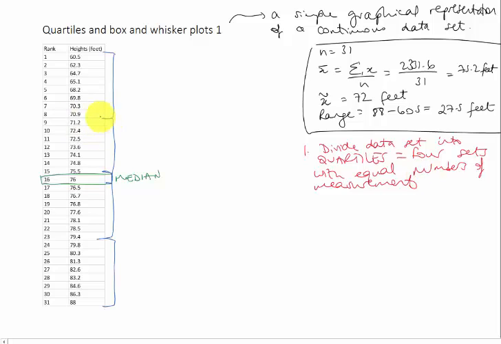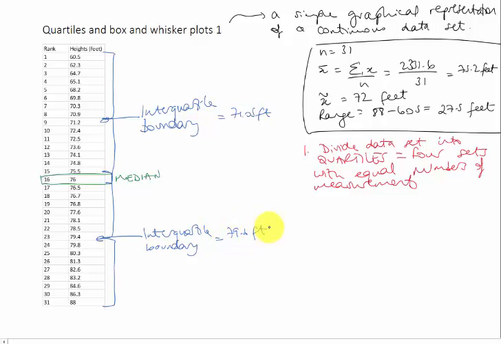And here we're going to work out what we call the interquartile boundaries. And seeing as these are even numbers, we're going to do the same as we would for the median, and work out the average of the 2 on either side of the boundary. So here that gives us 71.05 feet, and here gives us 79.6 feet.